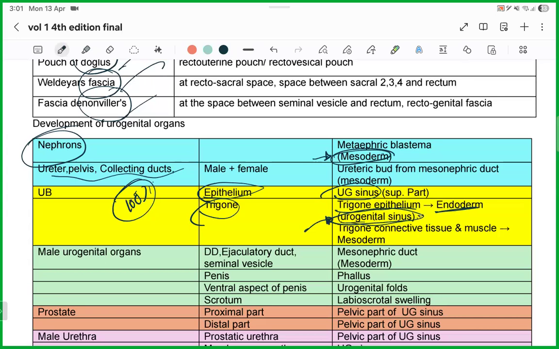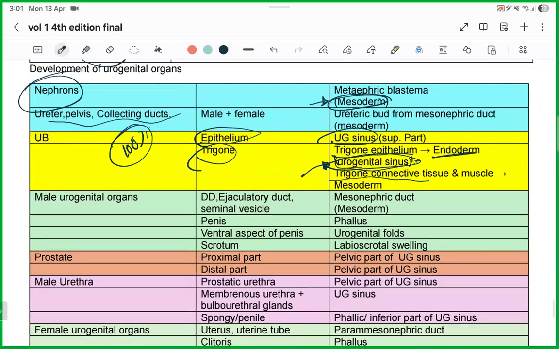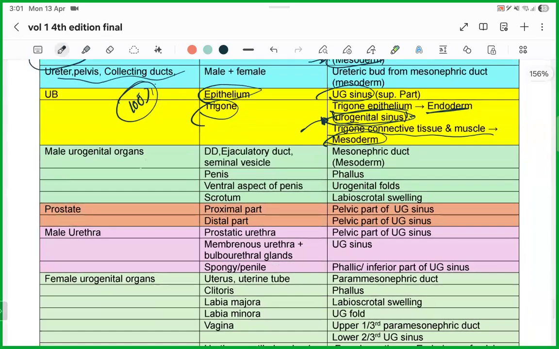So do not skip the things I have written in brackets. Those they give in the exam. Trigone connective tissue and muscle is from mesoderm, so be very clear. Then male urogenital organs, they don't ask much from here, so give a reading.